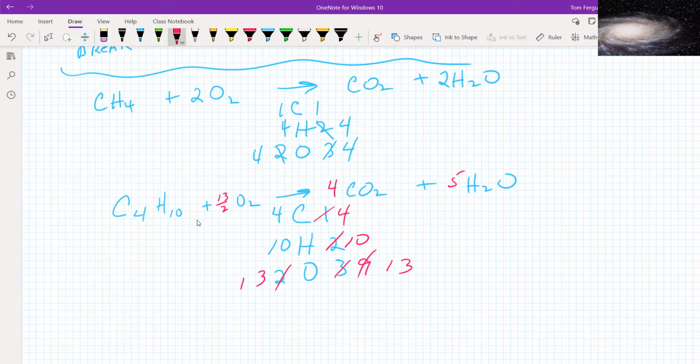Most of the time, probably 95, 98% of the time, you're going to be clearing out 2. If you multiply everything by 2, the fraction goes away. Just reactants or products also? Think about this as an equation, so all the way across. 2 times 1 is 2. 2 times 13 over 2 is 13. 2 times 4 is 8. 2 times 5 is 10.